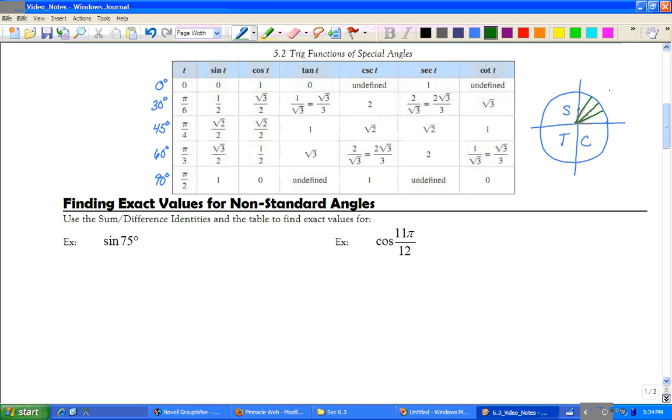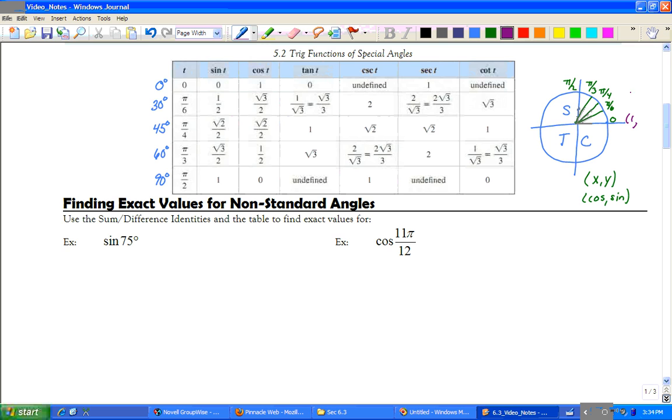You can still figure out what the sines and cosines are by drawing this little picture. So remember it's x comma y, and the x is the cosine and the y is the sine. So let's put in our angles here. We have 0 degrees, this is pi over 6, pi over 4, pi over 3, and then 90 degrees is pi over 2.